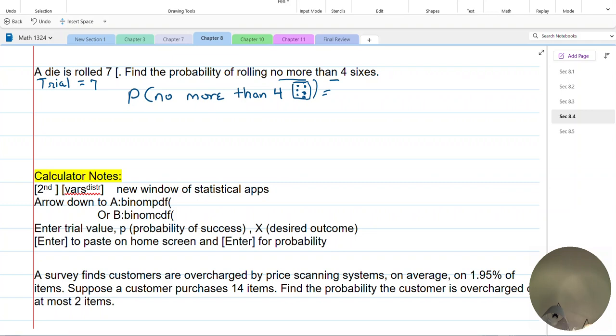So this means we're going to make a cascade of information. And I need a lot of room, so I'm going to go on the bottom. So I'll start with my biggest one, right? So I have 7 choose 4, no more than 4 of the 6s.